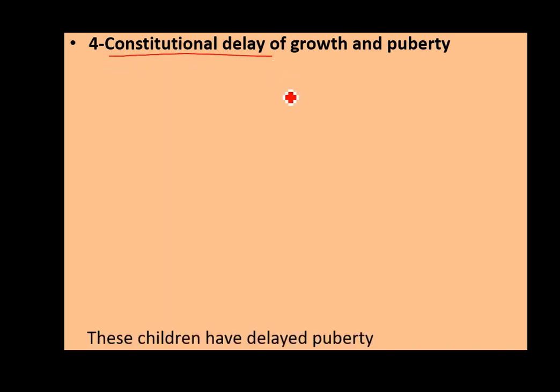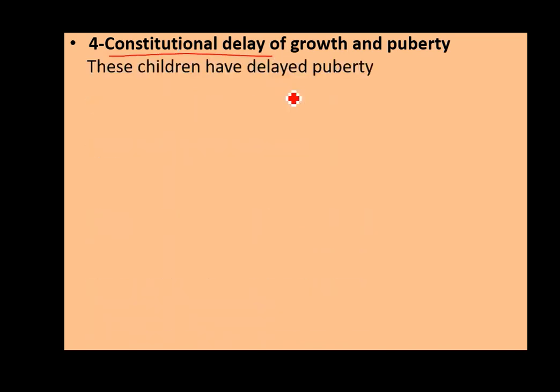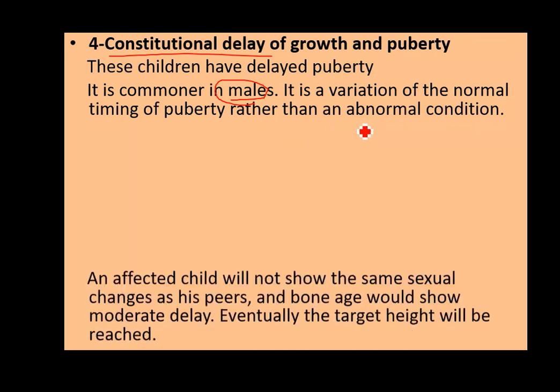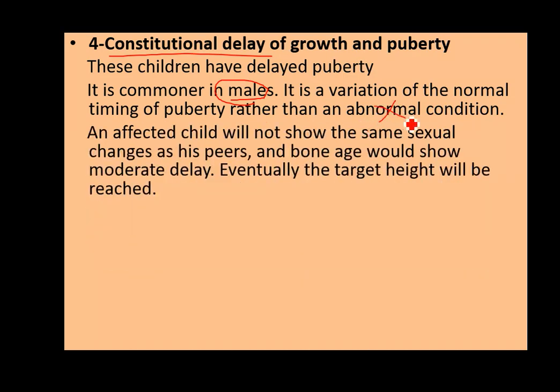Constitutional delay of growth and puberty. These children have delayed puberty, and it is common in males, and it is a variation of the normal timing of puberty rather than an abnormal condition. An affected child will not show the same sexual changes as peers, and bone age would be moderately delayed. This constitutional delay is different from familial short stature.